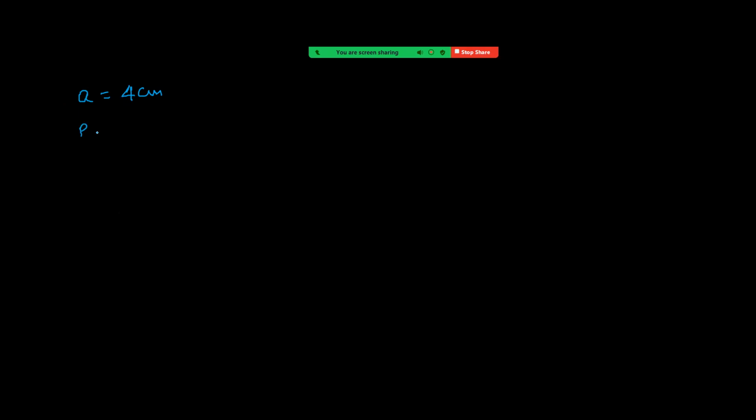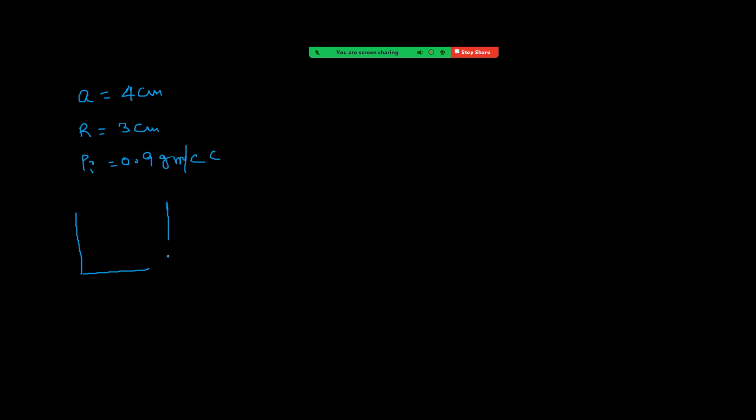That means radius equal to 3 centimeter. And density of ice we are taking as 0.9 gram per cc.